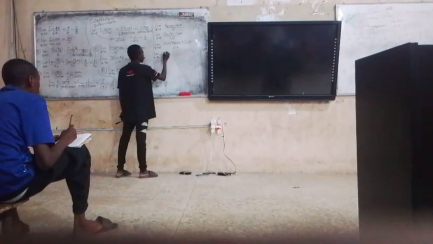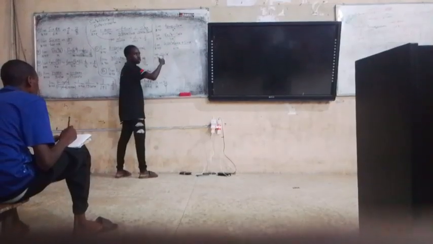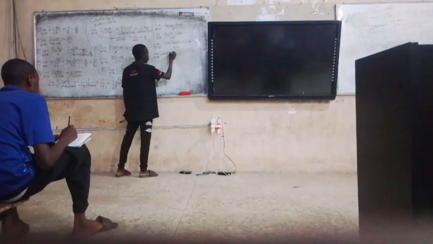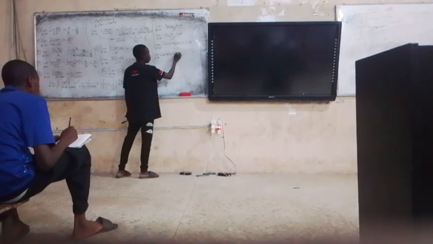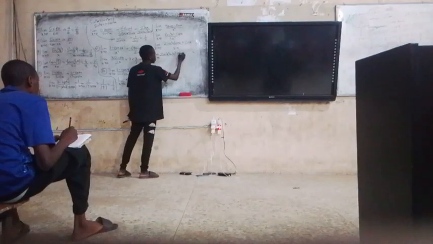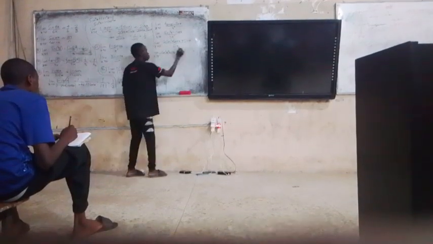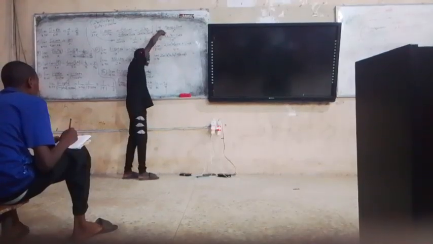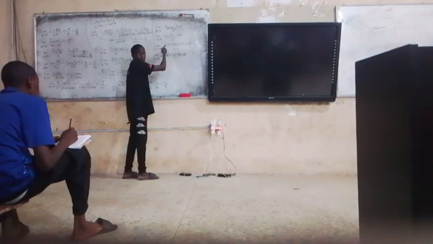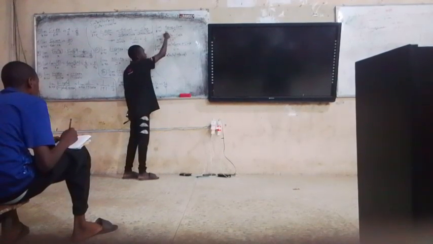Write your 2 out. I think I just differentiated sec squared. So if I differentiate sec squared, what will I have? 2 sec squared x tan x, plus cos x, plus x over 6.